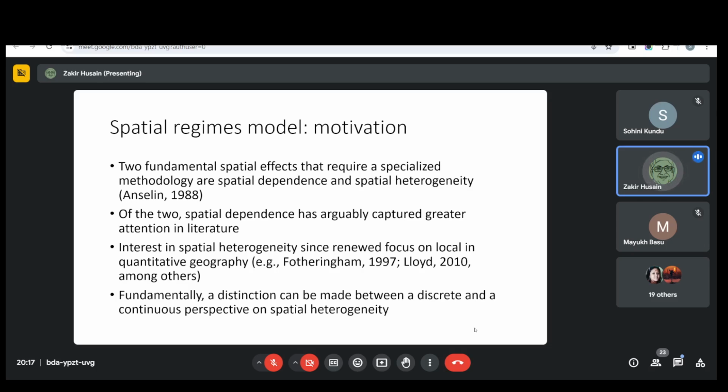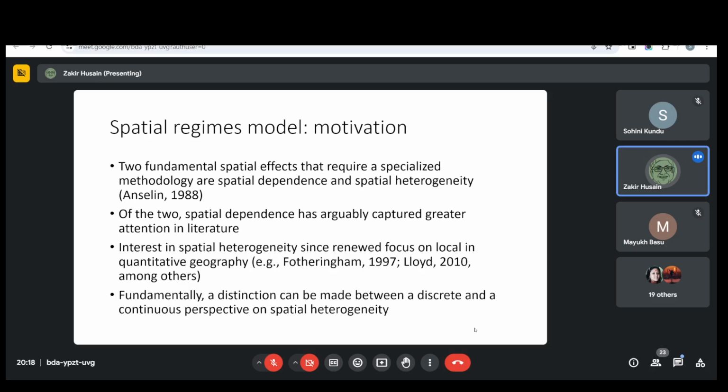So the main focus has been on spatial dependence, and it can be captured very nicely using the spatial autoregressive component. It is also captured through the spatial error model, where the spatial dependence is captured in a different way. The reasons for dependence are different.